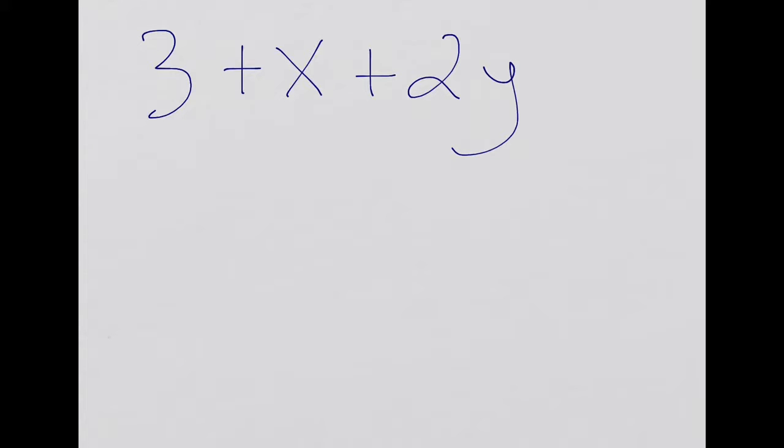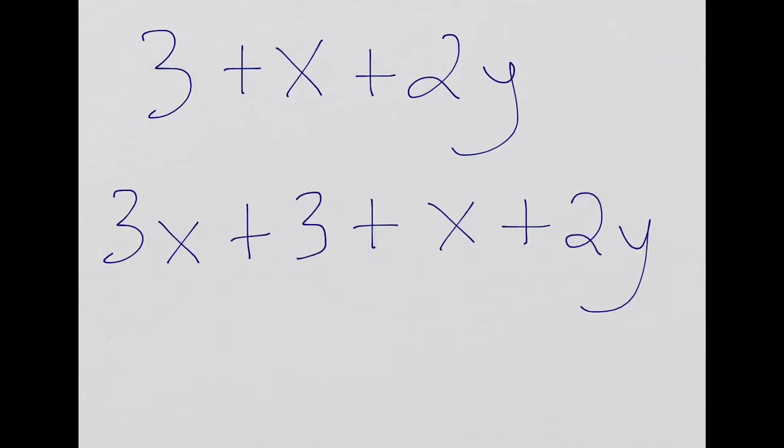What about when we have a second variable, such as 3 plus x plus 2y? Are any of these terms the same? We have a number term, an x term, and a y term. They are all different, so you cannot combine like terms.